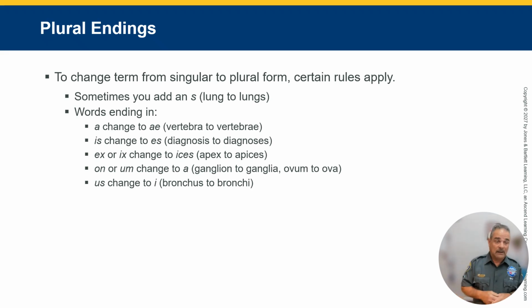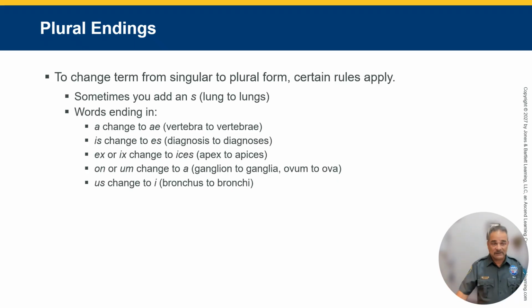Okay. US changed to I. Bronchus. In our lungs, we have bronchioles. If you want to say singular, you say bronchus, right main stem bronchus. If we want to include both sides, I hear rhonchi in the bronchi, then that's both, instead of rhonchi in the right bronchus, that's one.